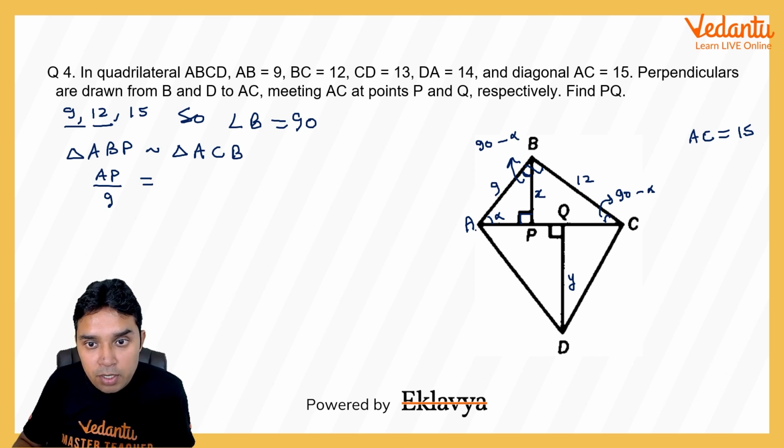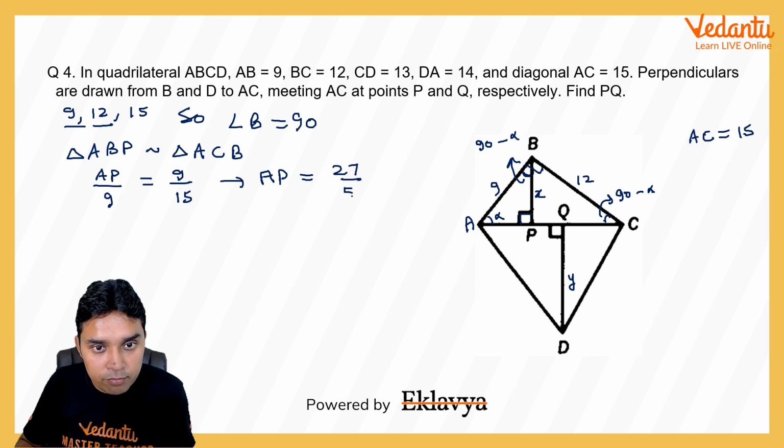So this will be equal to, on the right hand side, 9 upon, opposite to 90, it is AC, that is 15. So we get AP to be equal to 27 upon 5. So we have found the length AP, that is coming out to be 27 by 5.